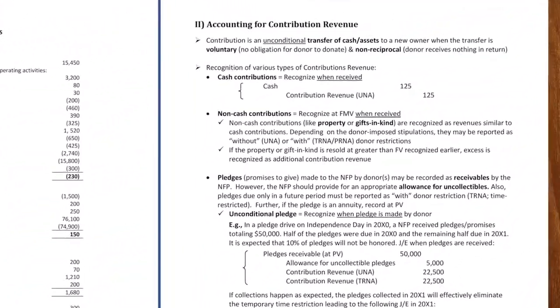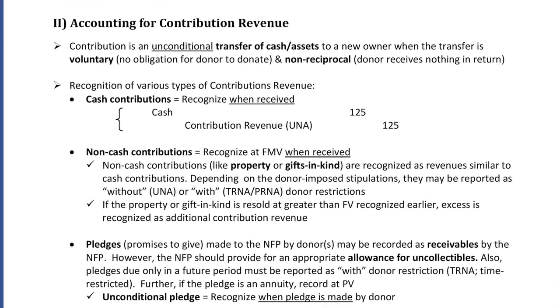On page 53, we're looking at the accounting for contribution revenue. When you have cash contributions, recognize when cash is received. Non-cash contributions are recognized at fair market value when received. As we know, contributions could be without or with donor restrictions.